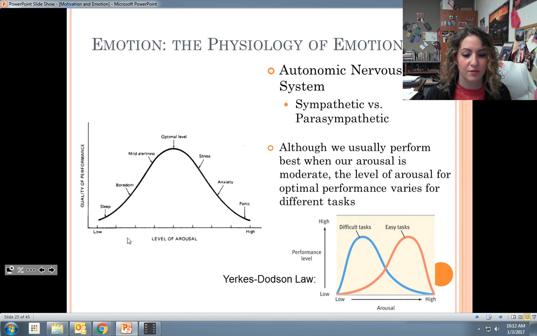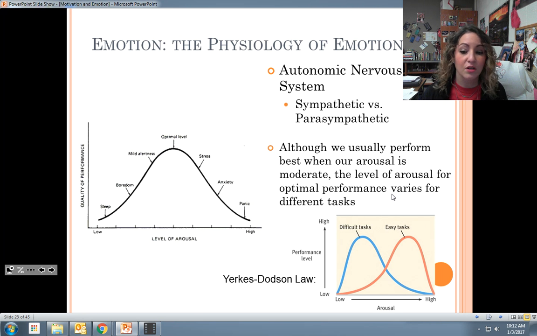Basically, if your level of arousal is very, very low, the quality of your performance is going to be low as well. If you're sleepy or extremely bored, nodding off, you're not going to do so well on that test. But if your level of arousal is really high, once again, you're not going to do so well on that test because you're probably having a panic attack. You need to be somewhere in the middle of stressed to have the optimal level of performance.